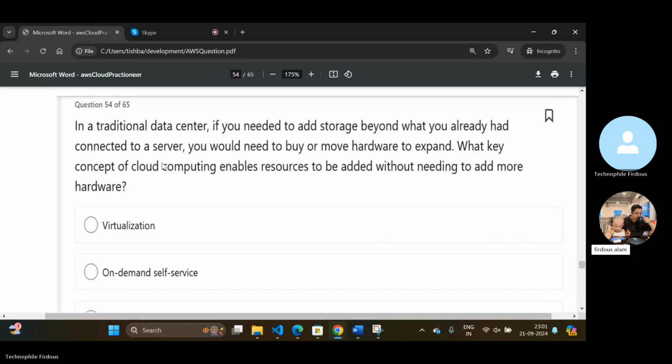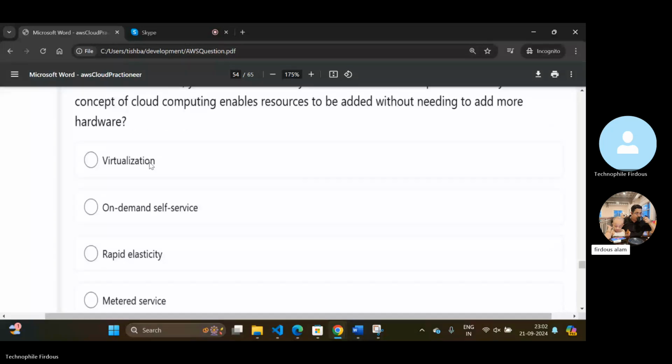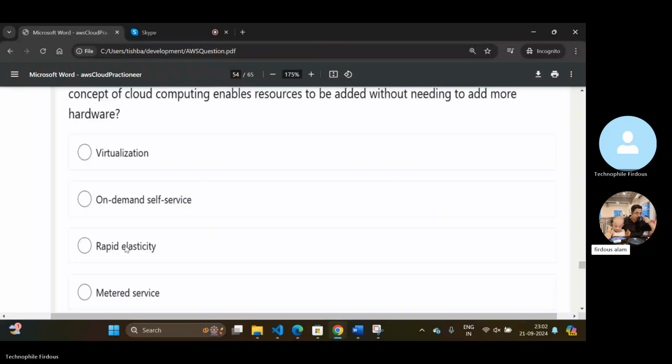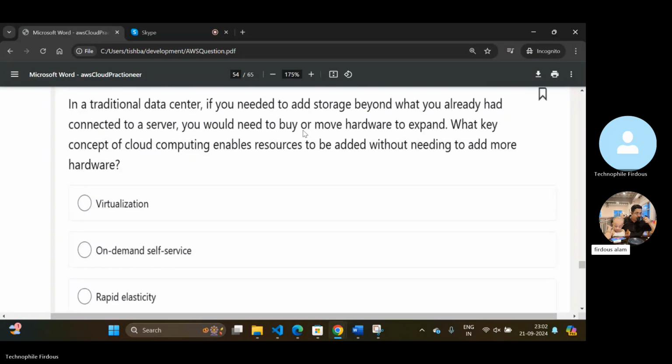Okay, so it's talking about the concept, what is the concept called when we have our resources and we add additional resources. So that concept is called virtualization. On demand service means the service which we can use, so it's not talking about that. It's not talking about elasticity, which means increasing or decreasing the size. It's talking about increasing the memory or those kinds of things, increasing hardware.